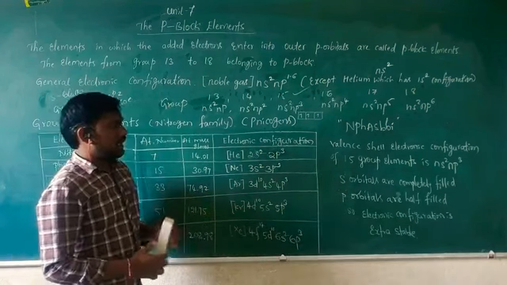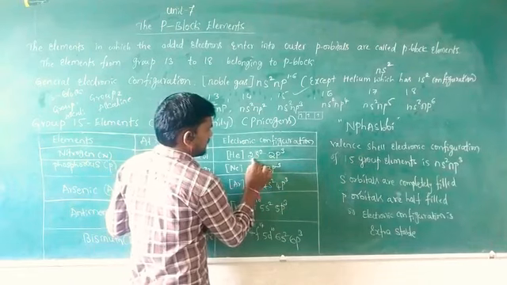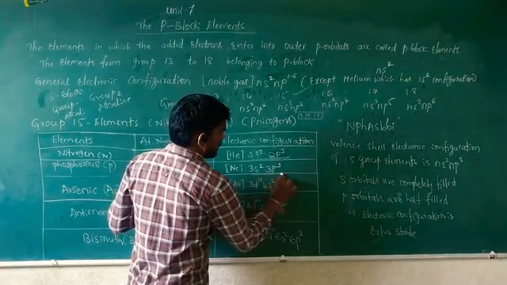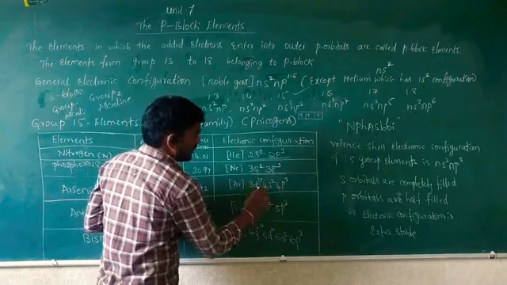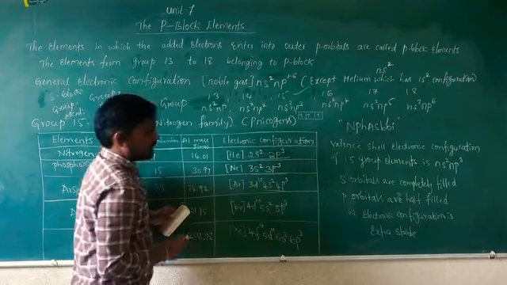Here also the last outermost electrons enter into ns2 np3, the outermost orbitals.